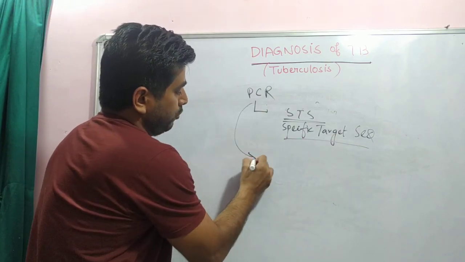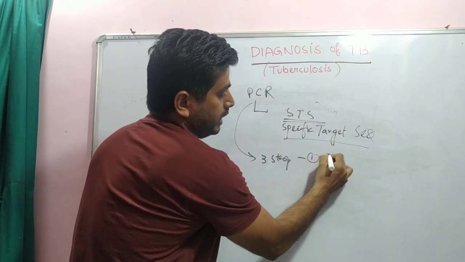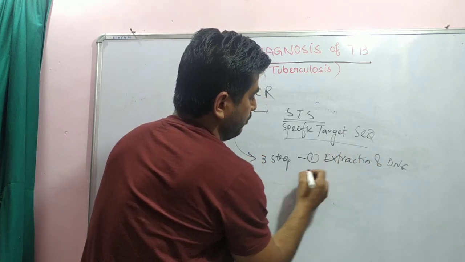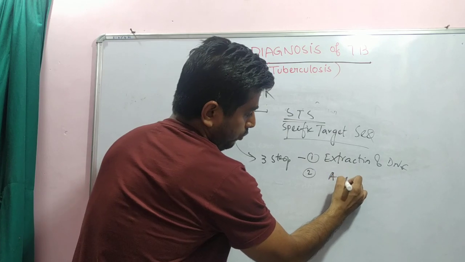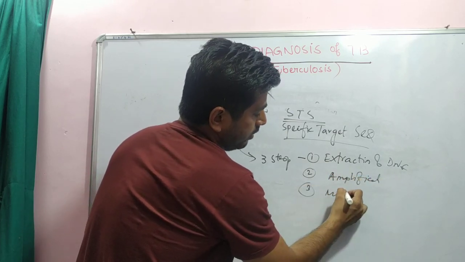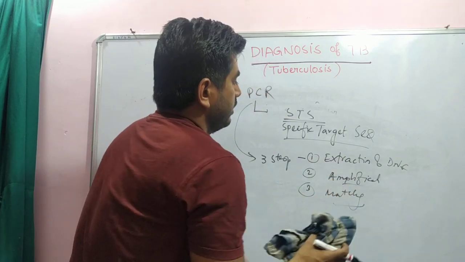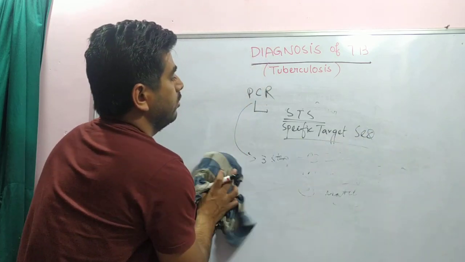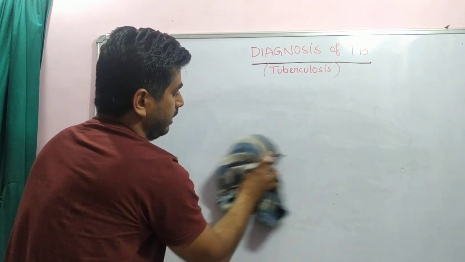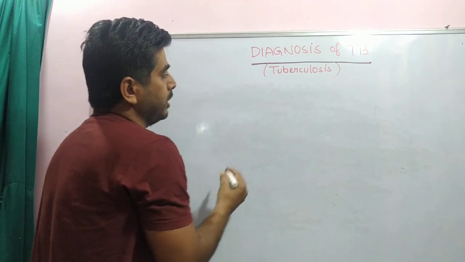It is a 3-step process. Number 1 is the extraction of the DNA. Number 2 is the amplification. Number 3 is the matching with the amplified target sequence. PCR is very sensitive, very specific, and it can differentiate Mycobacterium tuberculosis from other species. This is the advantage of PCR.